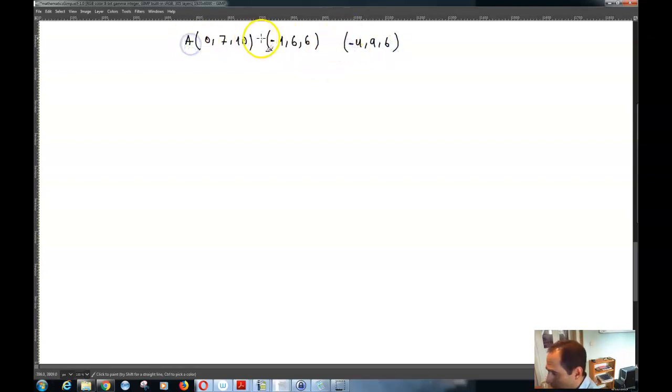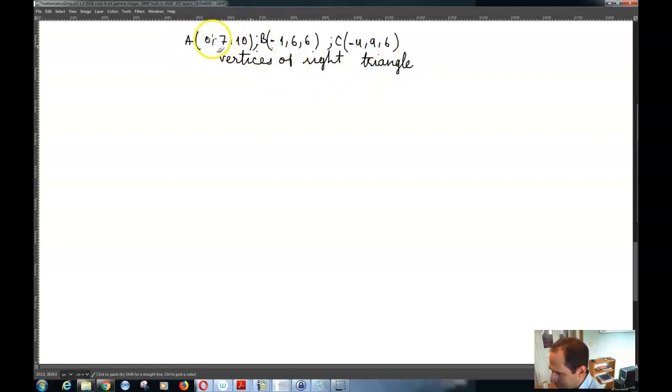Let's call this A, let's call this B, and let's call this C. And you want to show that these points are the vertices of a right triangle.